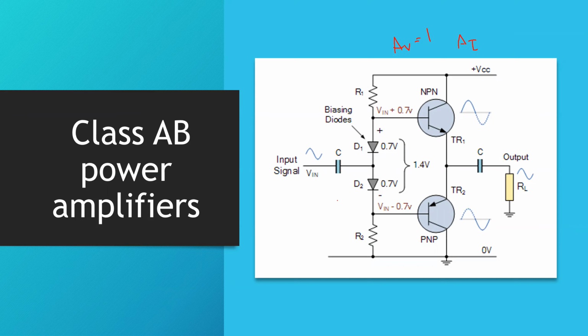As mentioned in the example, we have an input signal of 1 volt, and the voltage in this node is basically 1 volt plus 0.7 volts. So this node would be 1.7 volts. And since the voltage gain is equal to 1, the voltage at the output would equal the same voltage as at the base here, which would be 1.7 volts also. So this is the V peak for our example.